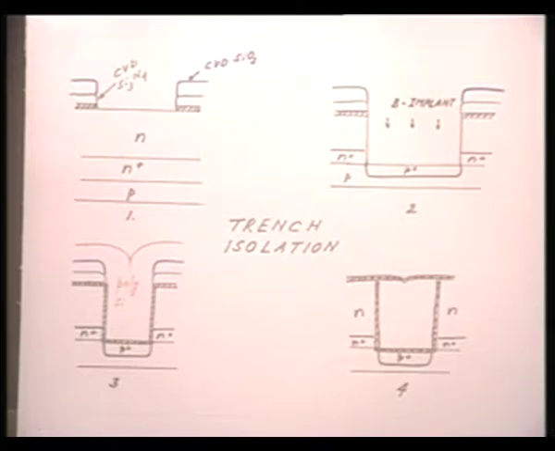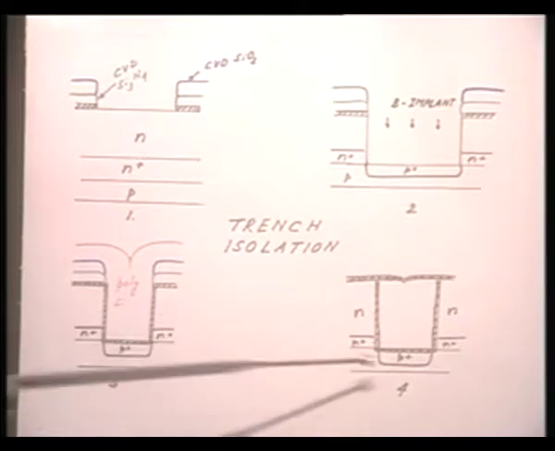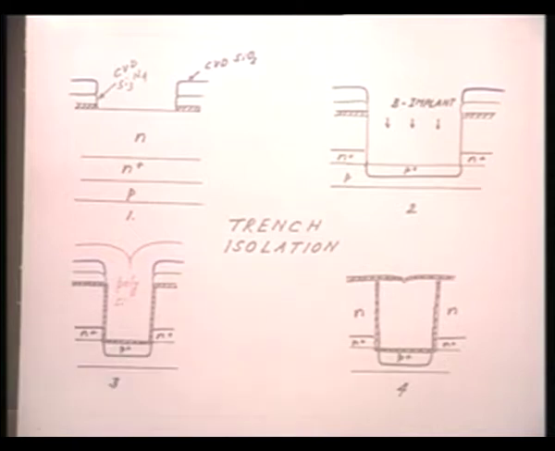The conduction can only take place when the substrate has got inverted. So, if the substrate is heavily doped, it is that much more difficult to invert the surface. So, by putting a P plus region here, we effectively stop the channel from conducting.